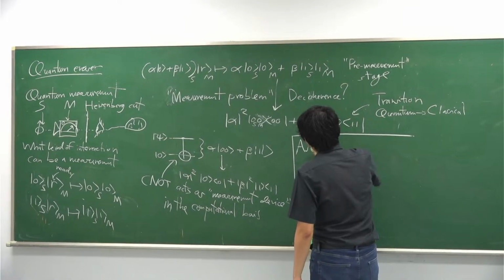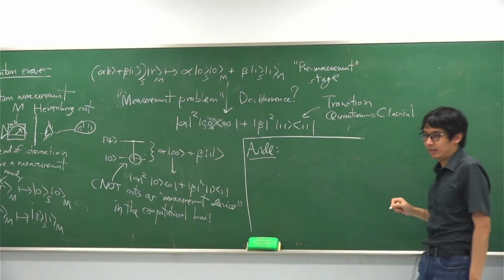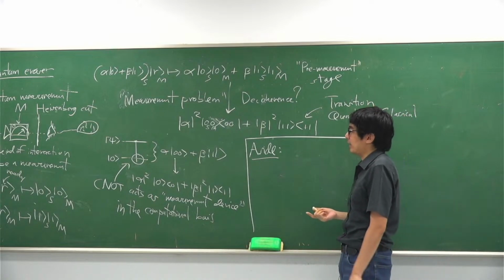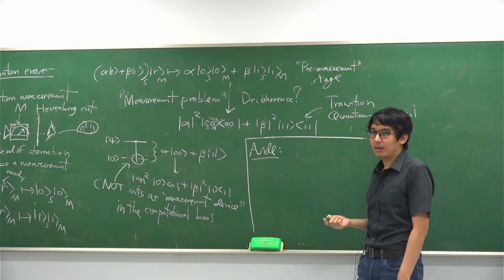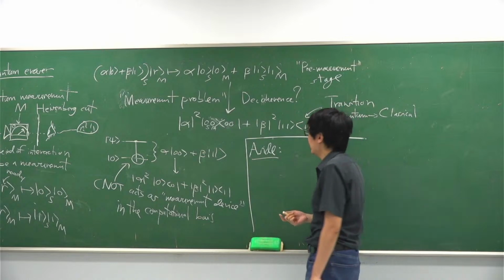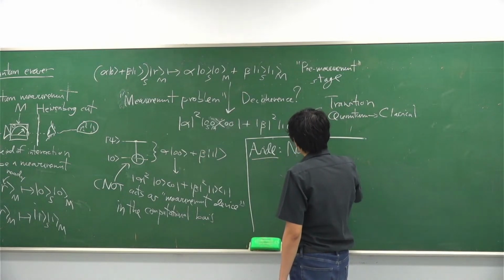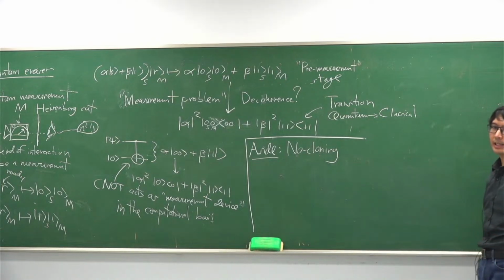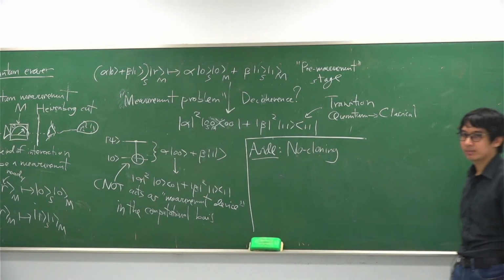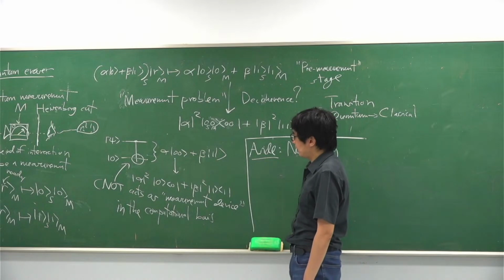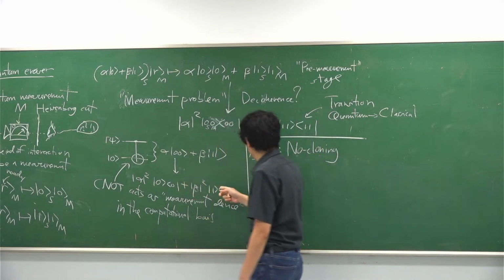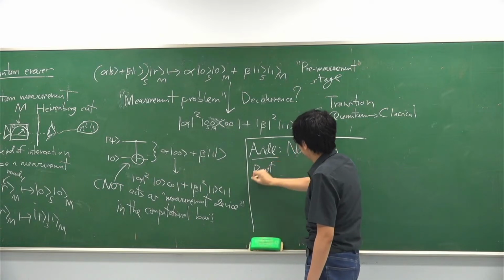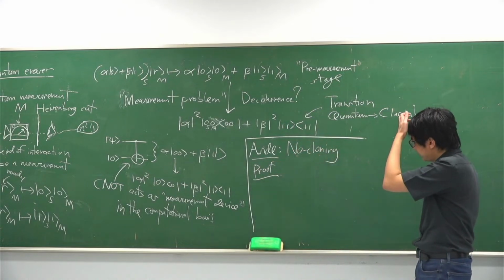And just as an aside, I was careful to say that I copy the state in a particular basis, because in general, by linearity, you cannot copy the state in an arbitrary basis. For example, let's prove by contradiction.